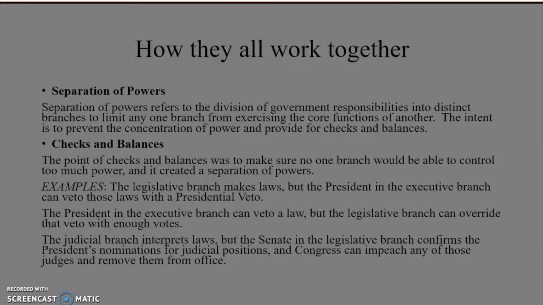The president and executive branch can veto a law, but the legislative branch can override that veto with enough votes. The judicial branch interprets laws, but the Senate and the legislative branch confirms the president's nomination for judicial positions, and Congress can remove them from office.